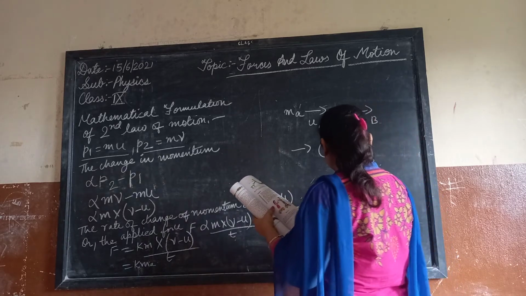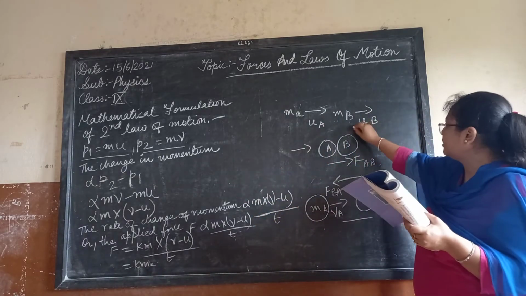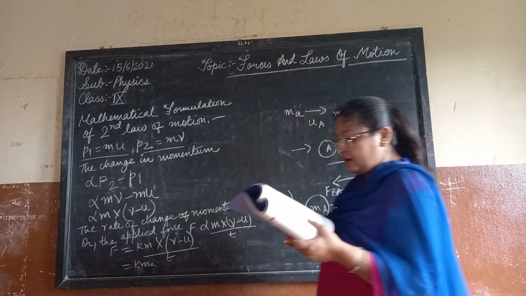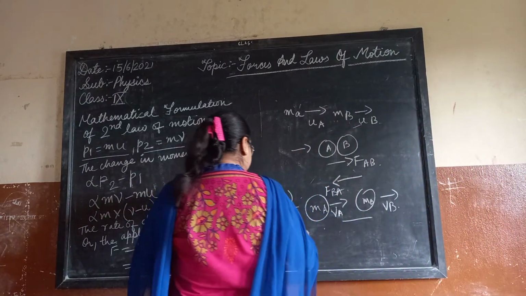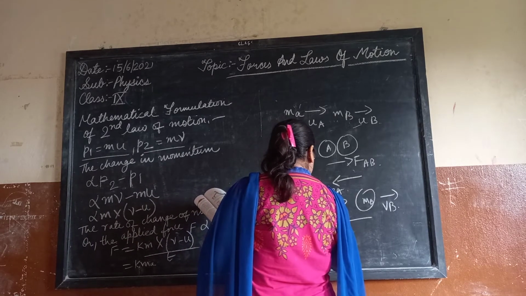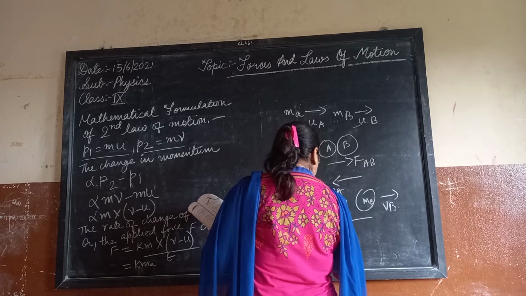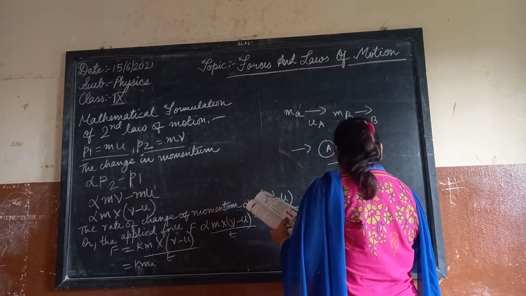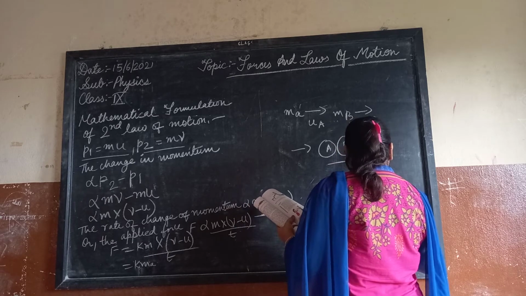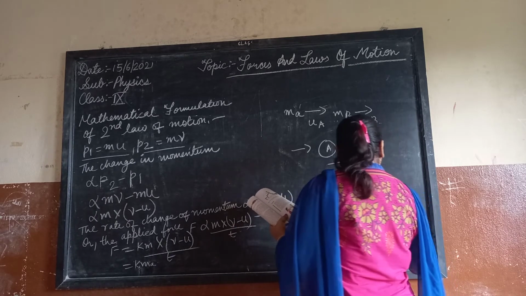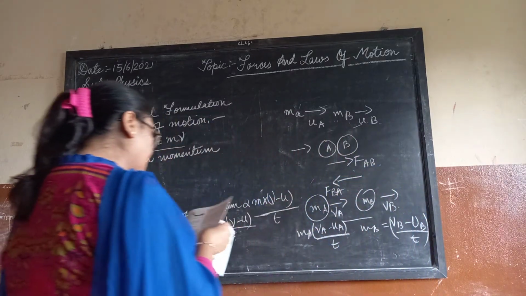This is before collision, this is after collision, and during the collision it is moving on. So we can write F_A is equal to m_A (v_A minus u_A) by t, and F_B is equal to m_B (v_B minus u_B) by t. Like this we can write for the two bodies during collision.